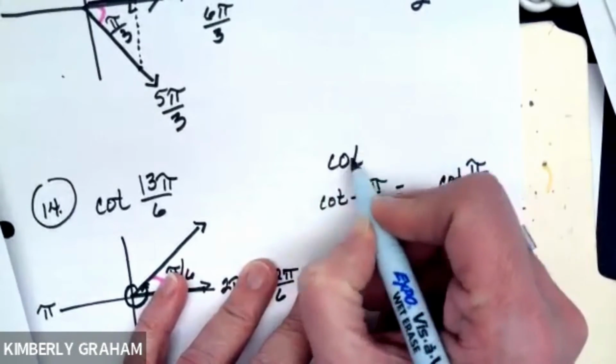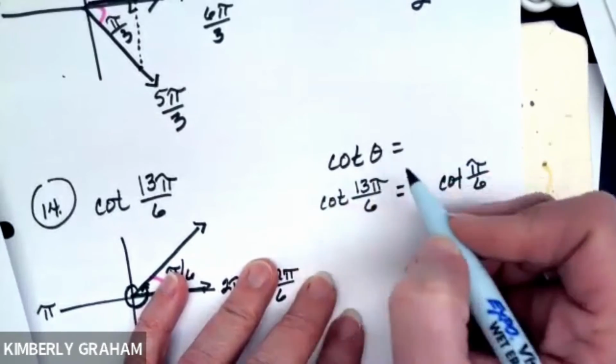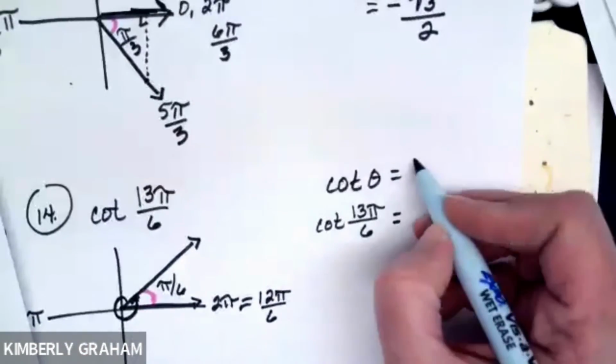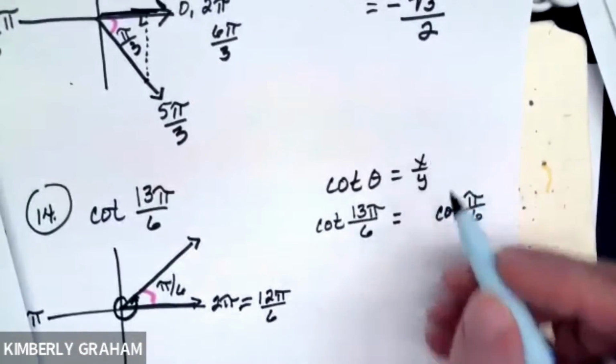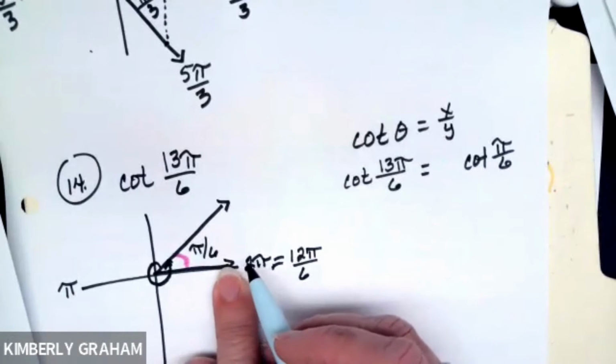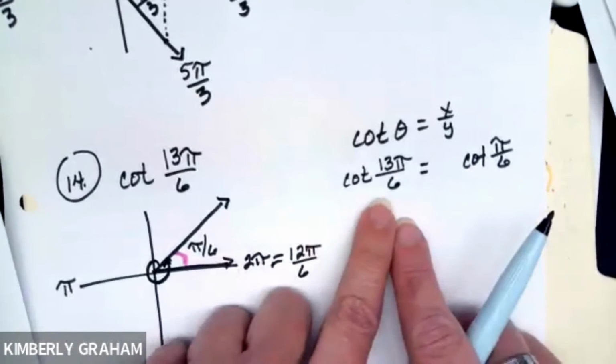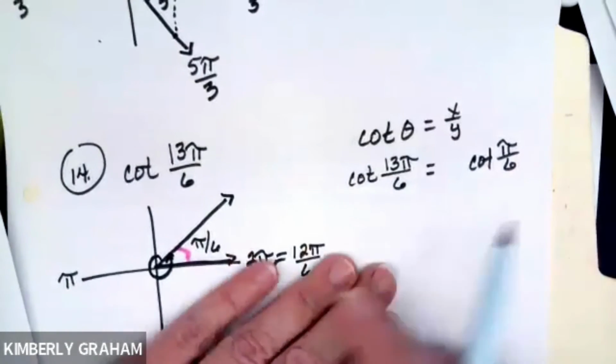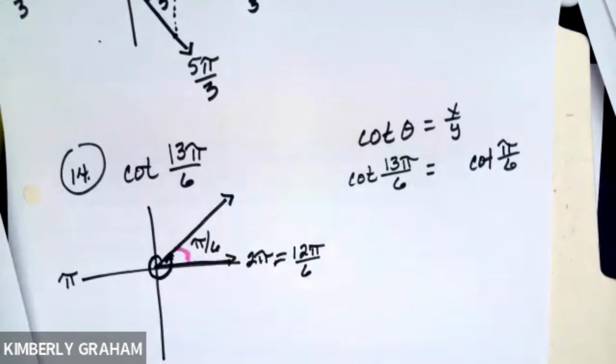Cotangent of theta, according to this, is x over y. Well, when I'm in quadrant 1, x and y are both positive. So the cotangent of 13 pi over 6 is going to equal the cotangent of pi over 6. And you can see by looking at the picture, they lie in the same exact spot.